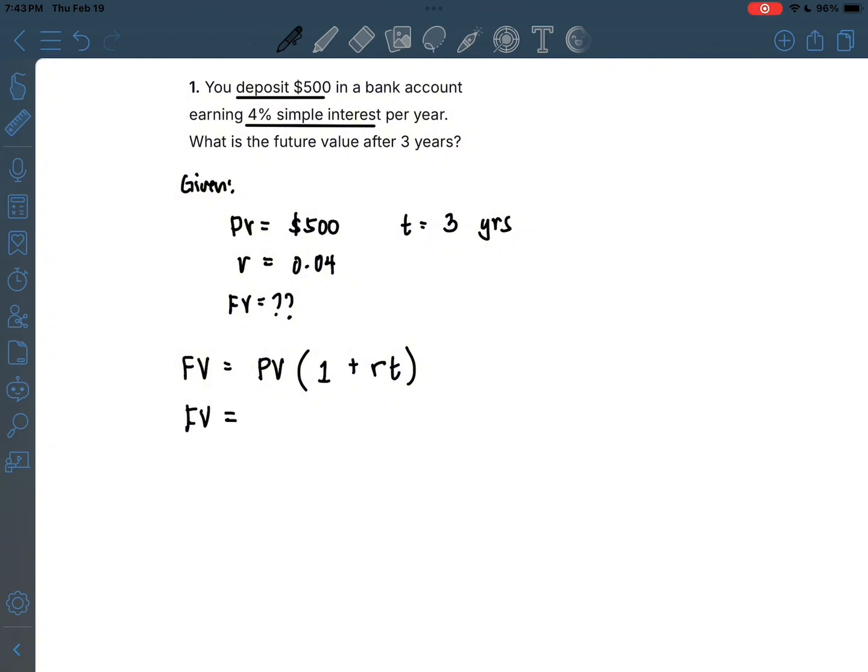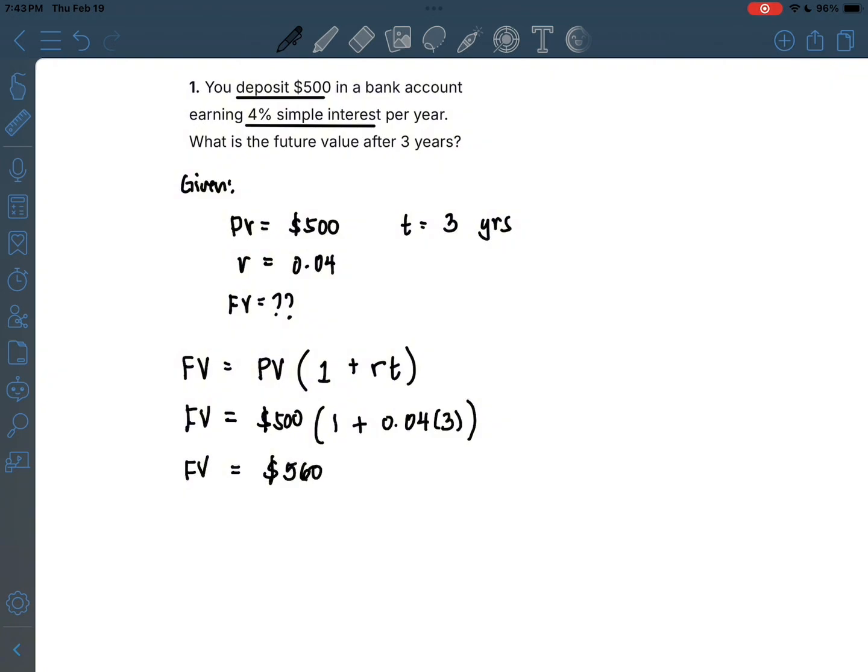The PV is $500, 1 plus the R is 0.04, and then the T is 3 years.